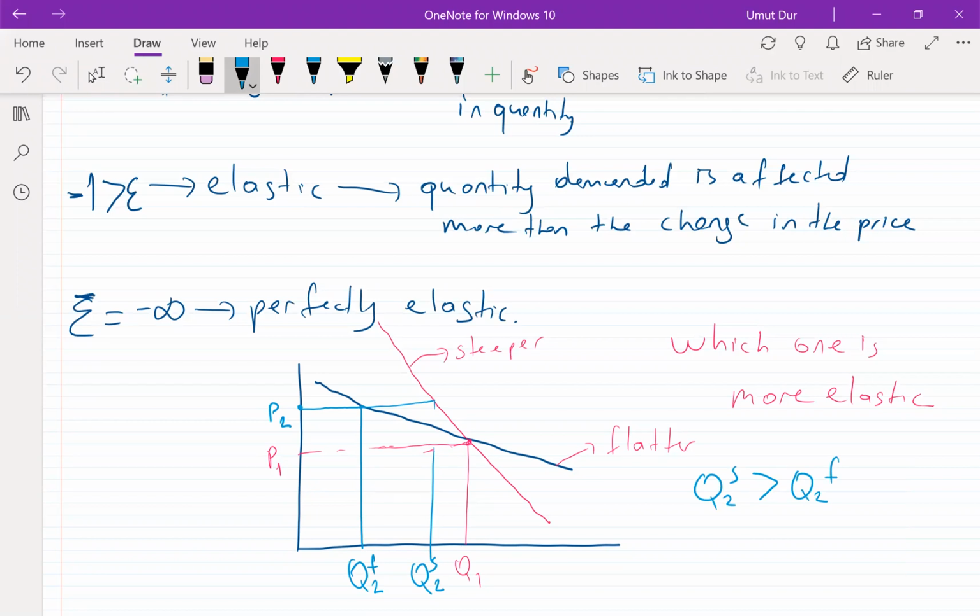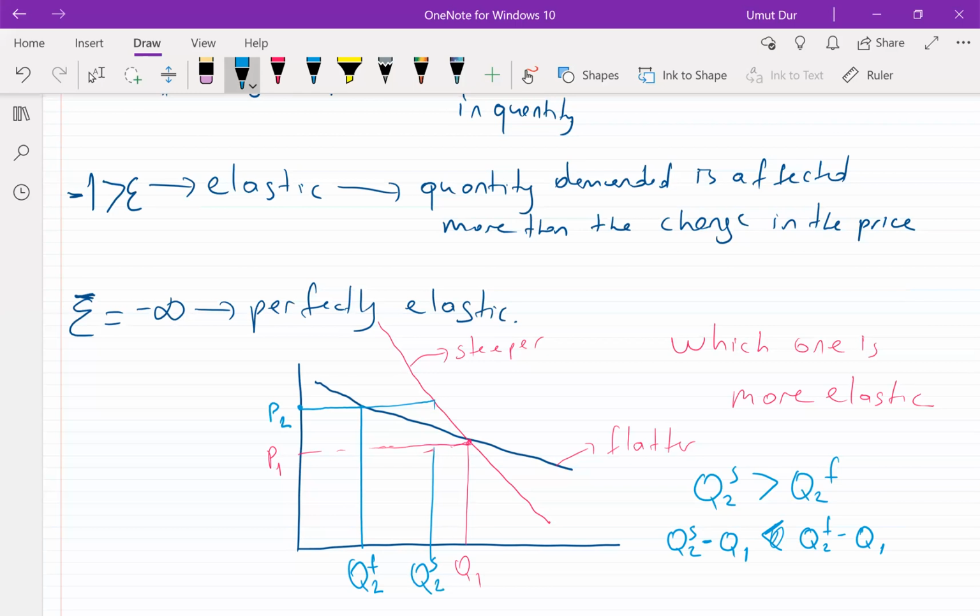Okay, but what we are interested in is the change in the quantity demanded. Q2S minus Q1, Q2F minus Q1. So which one is greater? The second one. I'm sorry.